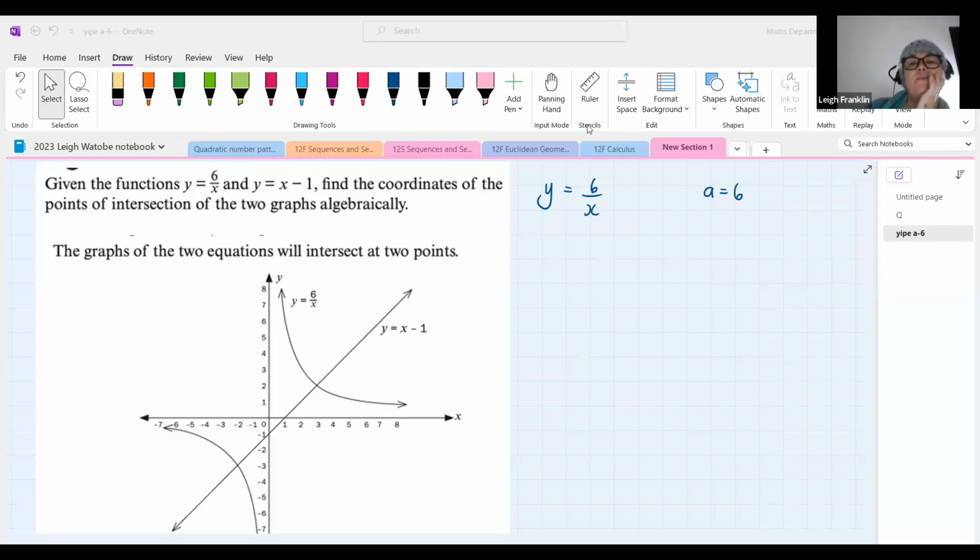Any ideas? Zoom user, that is a good answer, but unfortunately it's not correct. It doesn't tell us where the asymptotes are.